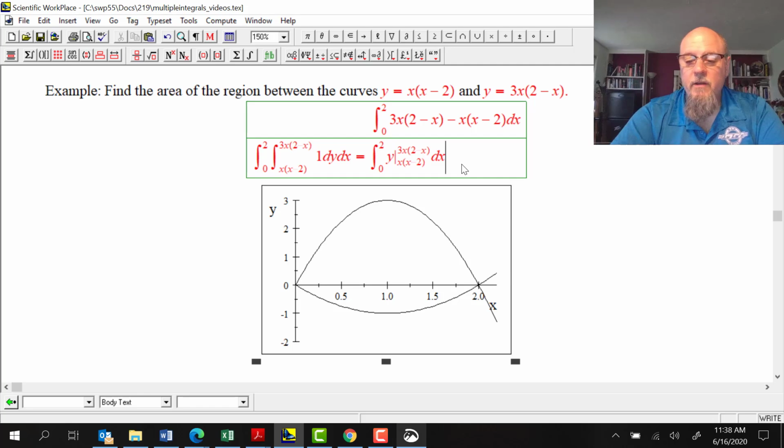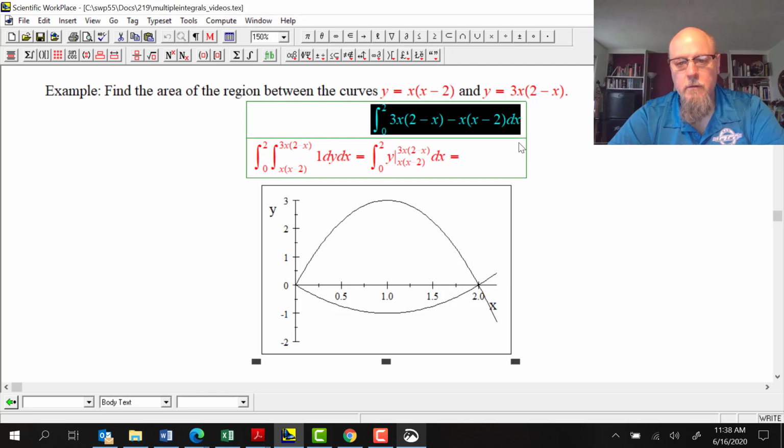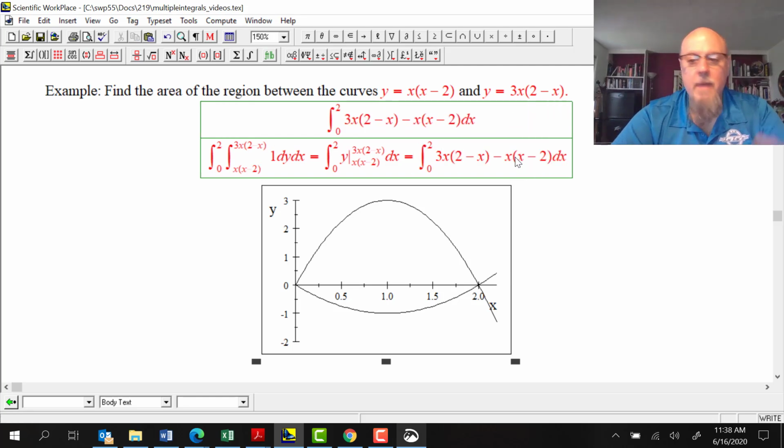And when I do that, what am I going to get? I'm getting this. And then I evaluate that answer, but it's going to be in meters cubed because I originally started out with a volume. But the numeric answer is the same.